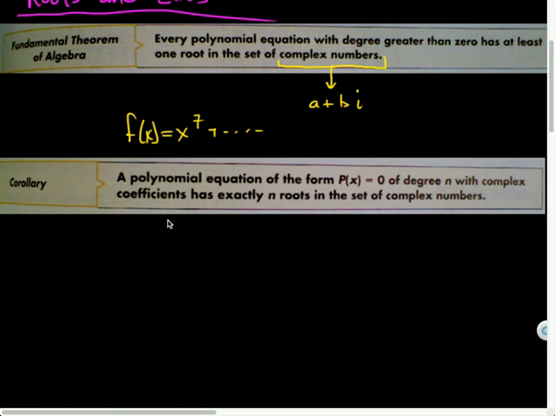So that means if I was referring to this f of x, we would say f of x has exactly 7 roots. That doesn't mean it has to cross the x-axis 7 times, because some of those crossings could be imaginary. But there are exactly 7 answers to that problem when I set it equal to 0.